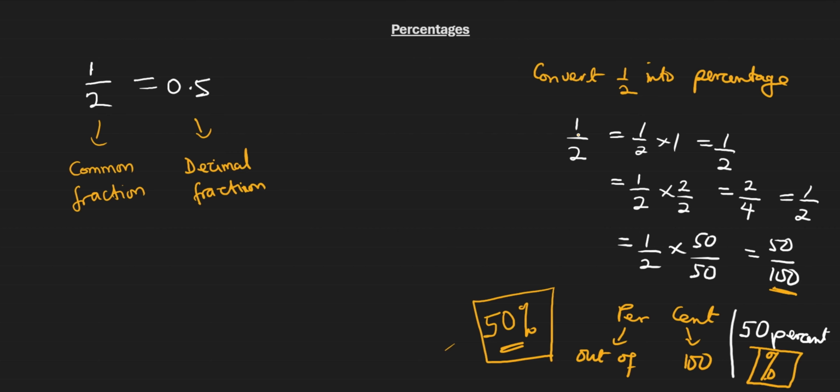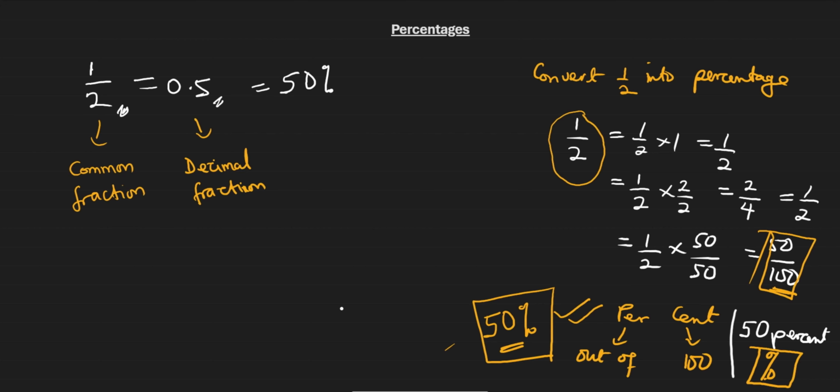You realize that it was from this 1 over 2 that we manipulated and we got the 50 over 100, which we are now saying is 50%. So we can then write over here that the 1 over 2, which is a common fraction, which is the same as 0.5, which is decimal fraction, is equivalent or the same as 50%, as in percentage term.